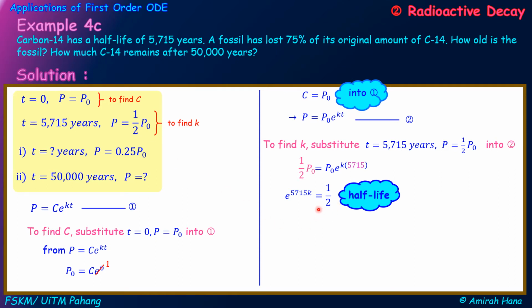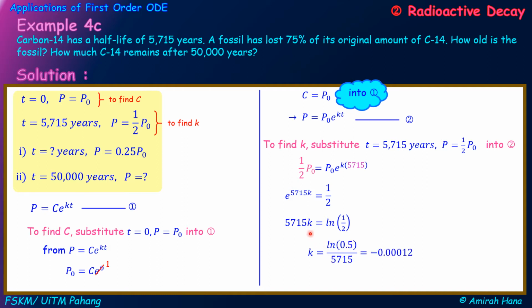After that, now we want to find k. So we need to move e to the right hand side. After we move e to the right hand side, we get on the left hand side 5,715k equals ln half.